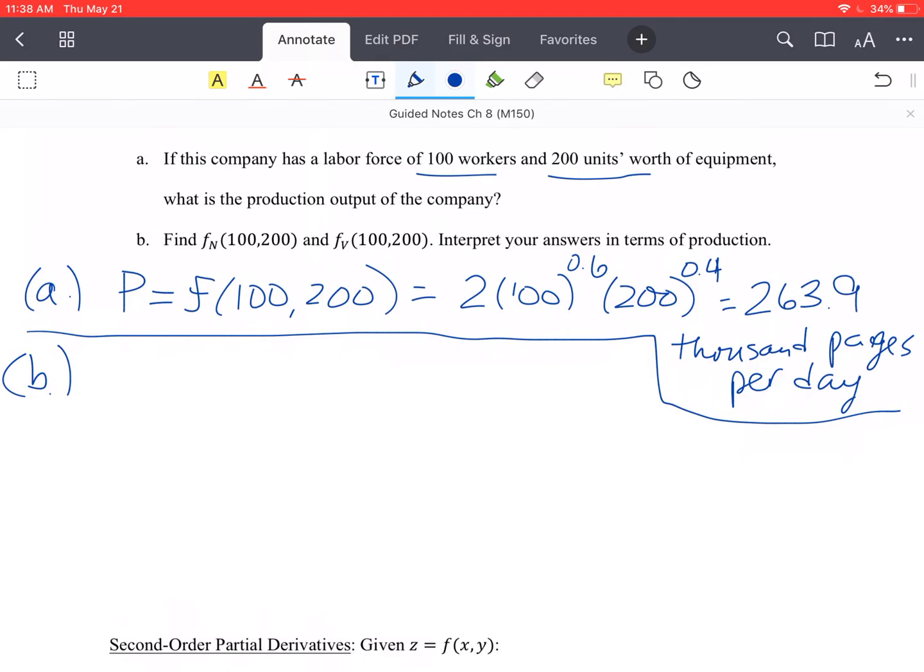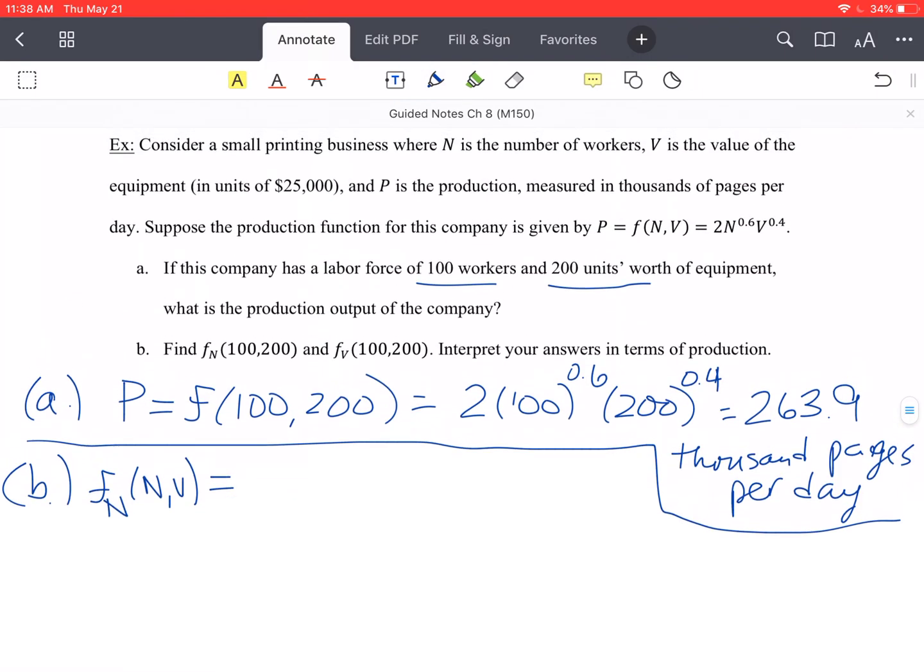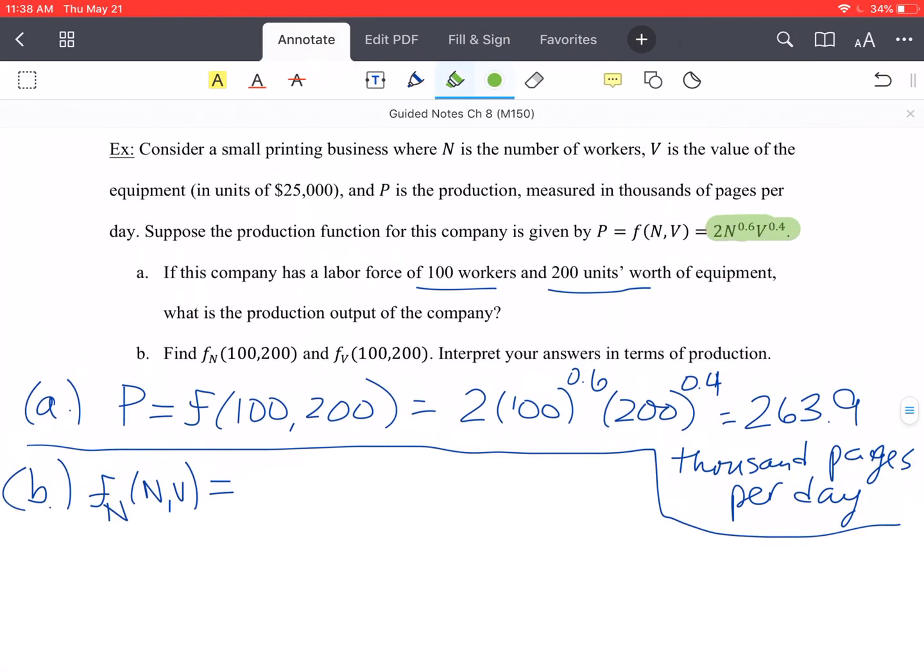So to get the partial derivative with respect to n, here's our function right here. Again, v is being treated like a constant here because n is the variable. So v is just going to tag along, and we're going to take the derivative of the n.